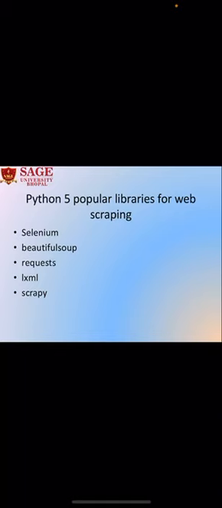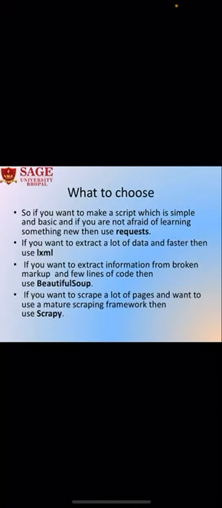So now there are 5 most popular libraries which are used for web scraping under Python. Those are Selenium, Beautiful Soup, Requests, LXML, Scrapy. Now the question arises, when and which one to use? So the answer is here. If you want to make a script which is simple and basic, and if you are not afraid of learning something new, then you can use Requests.